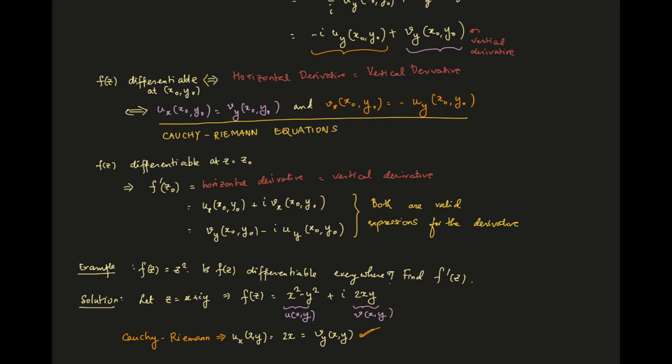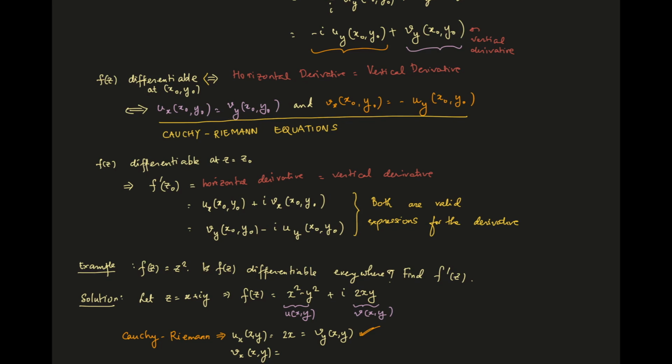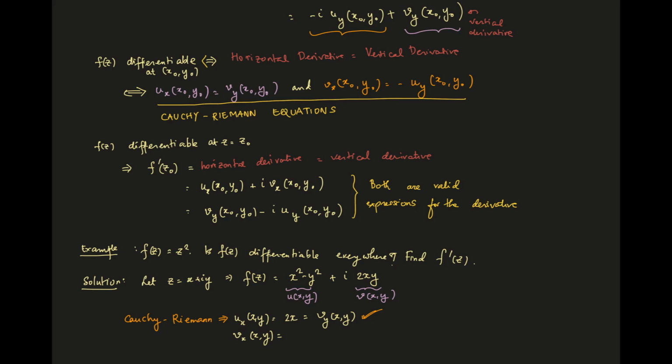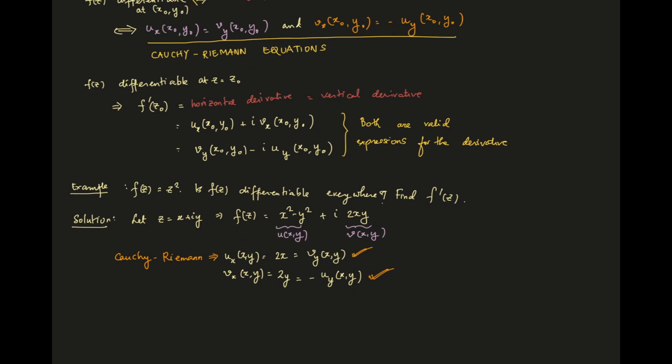Similarly, vx of (x,y) is the partial derivative with respect to x of this function v, which is equal to 2y, and notice that this is the same as the derivative of the function u with respect to y multiplied by minus 1.